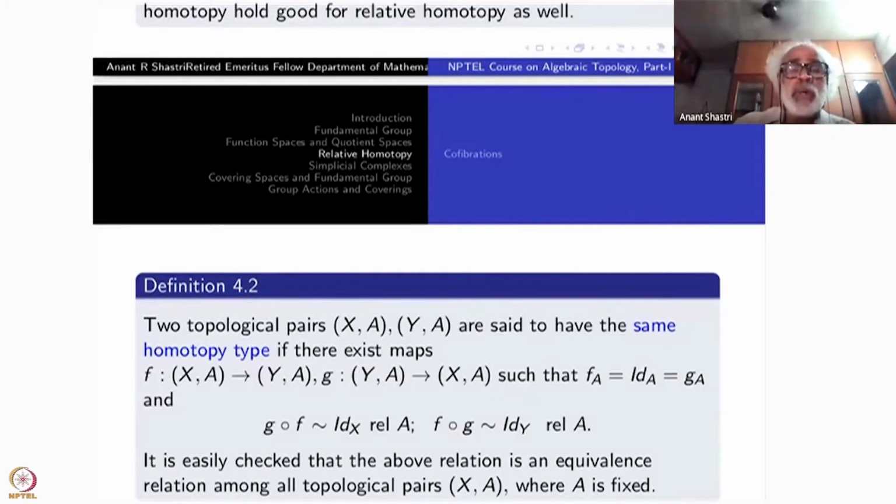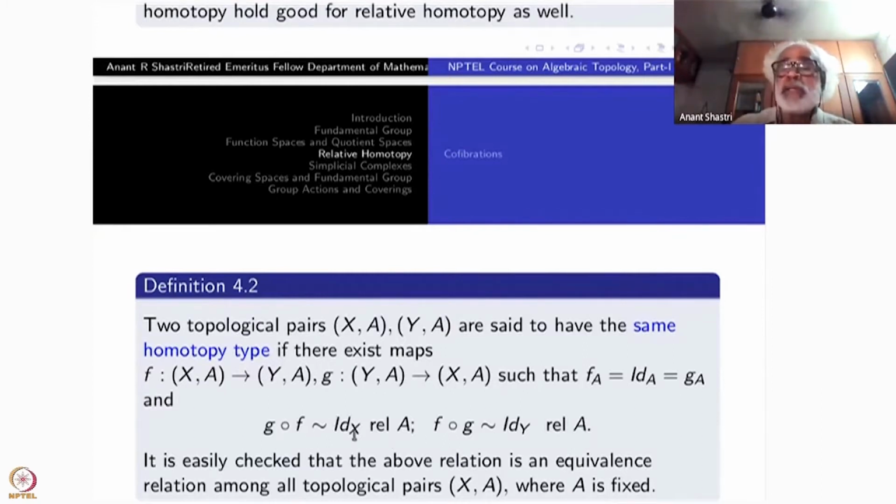Such a pair has the same homotopy type if there exist functions f from (X, A) to (Y, B) and g from (Y, B) to (X, A), such that f restricted to A is the identity of A and g restricted to A is the identity, and g composite f is homotopic to the identity relative to A, and f composite g is homotopic to the identity relative to A. So keep writing 'relative to A' specifically.